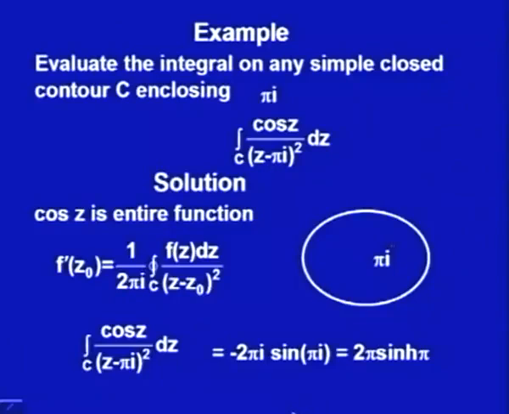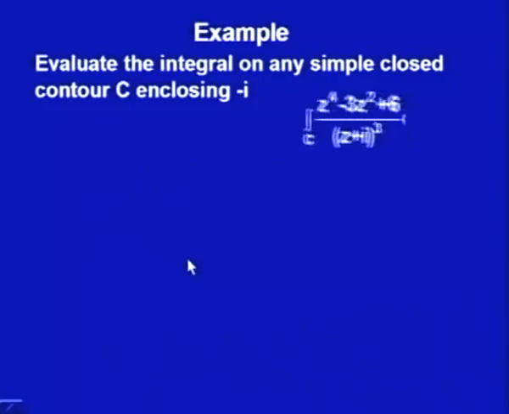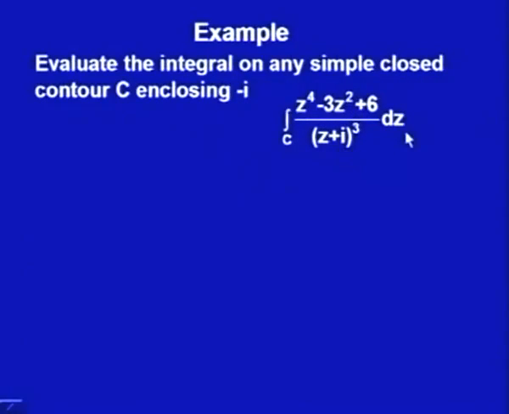Let us see some more examples. Evaluate the integral on any simple closed contour C enclosing minus i for the function z to the power 4 minus 3z square plus 6 upon (z plus i) cube dz. Now, you see, the function in the numerator, z to the power 4 minus 3z square plus 6, is a polynomial.